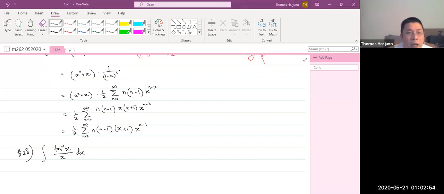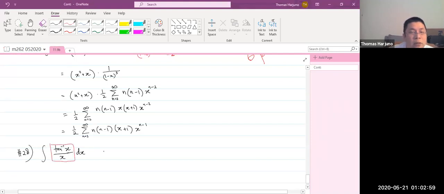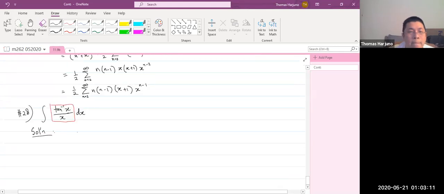What will happen then? I will represent this first. Do you remember what is the representation for tangent inverse? I remember that's from this guy. So this will be the series of -1 to the n x to the 2n, from 0 to infinity, and the integral of that will give us tangent inverse x.